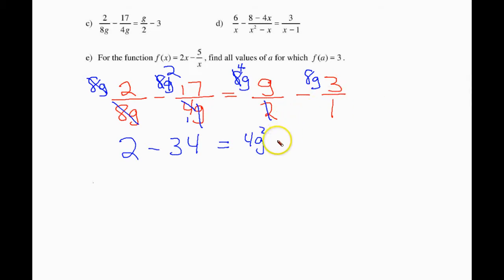And this is going to be a negative 24g. Now this, when we do our subtraction, will become a negative 32.